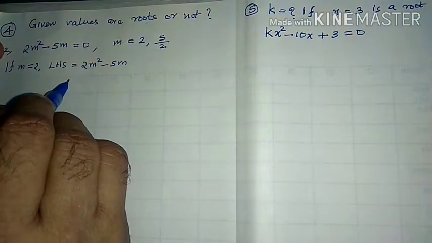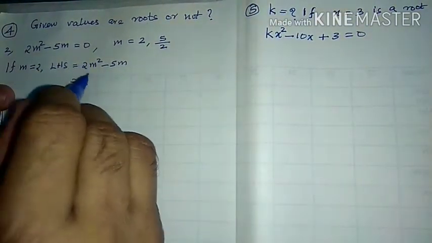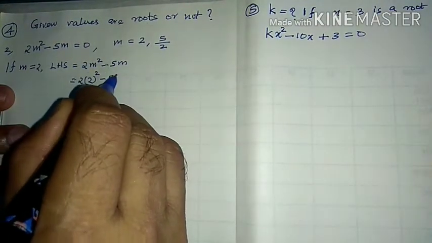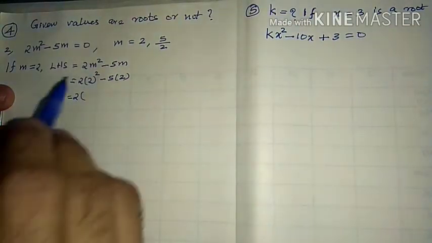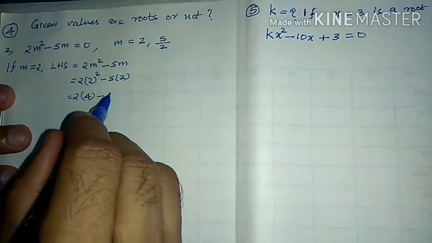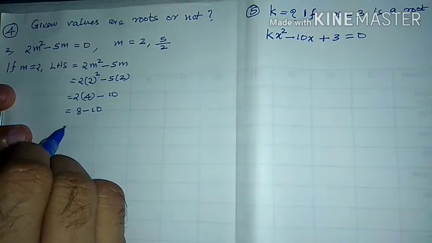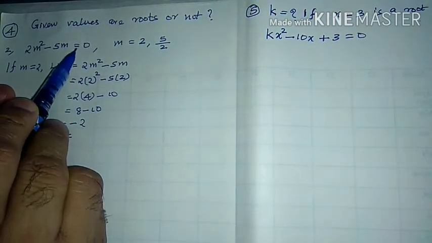Now this one we check. 2 into m, m is 2, we put here 2 square minus 5 into 2. 2 into 2 square, 4, minus 5 2s are 10. 2 4s are 8 minus 10. It is minus 2. Not equal to the right hand side 0.